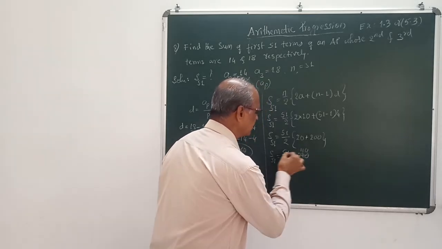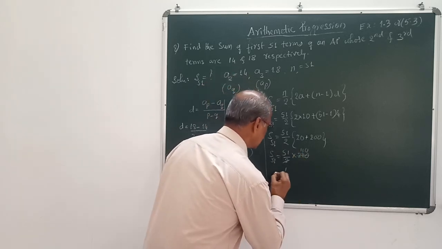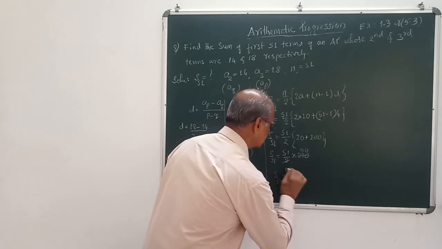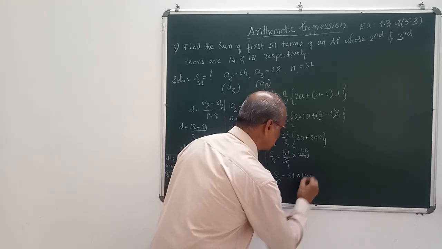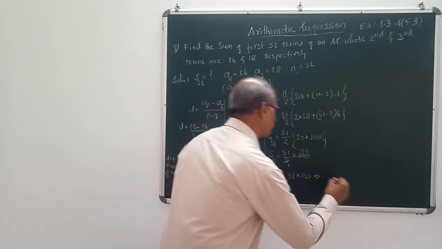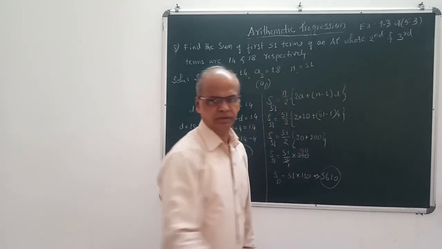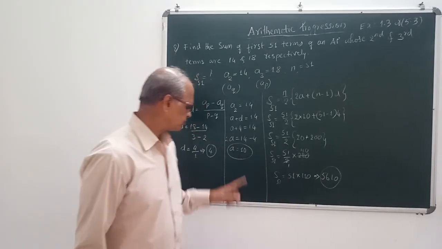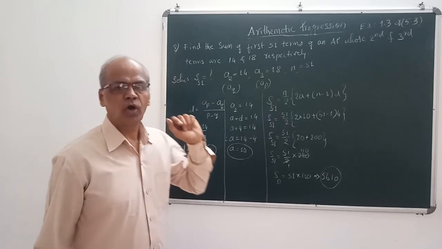That means 11 5s are. So this is 51 into 11. You write one more step. S51 is equal to 51 into 110, which is equal to 5610 is your answer. Understood? S51 is 5610, A is 10 and D is 4. Now I go for 9th.